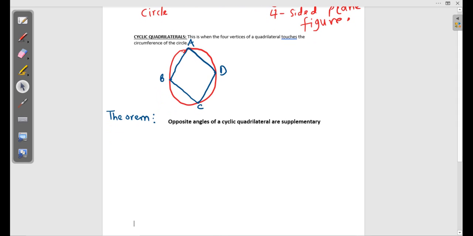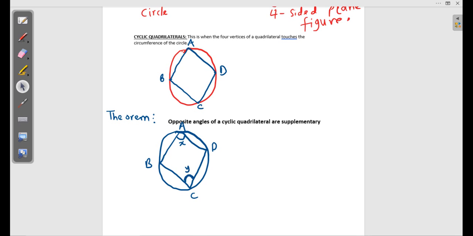So if I have a circle, as we know already, it is not necessary that I know the center, and I have this quadrilateral inside the circle, which becomes a cyclic quadrilateral, and I label it as A, B, C, D. This angle A is opposite to angle C. So if I say here is X and here is Y, the theorem says X plus Y is equal to 180 degrees.